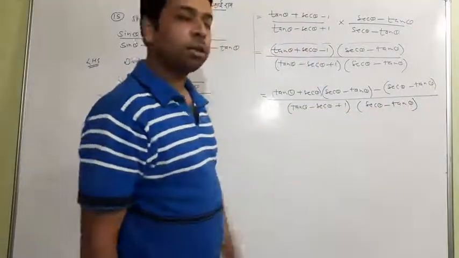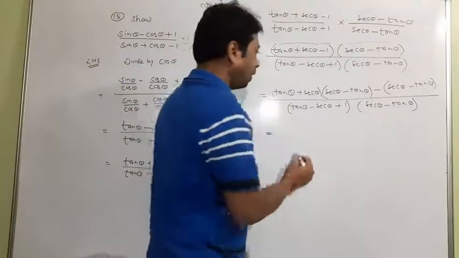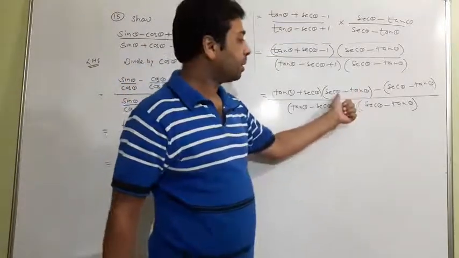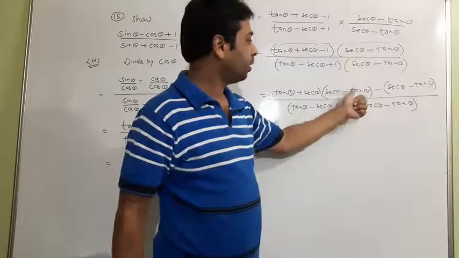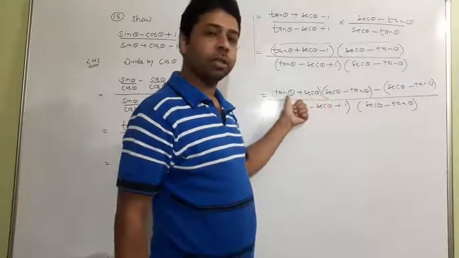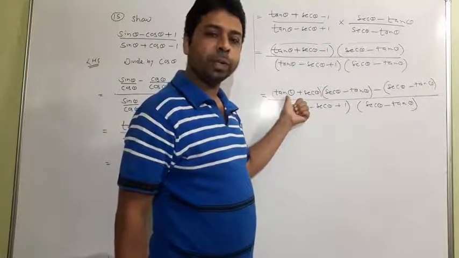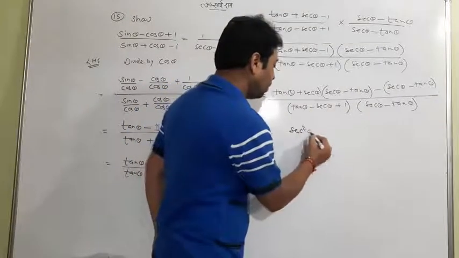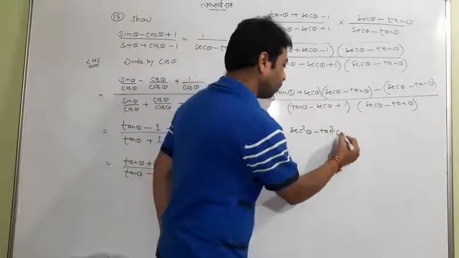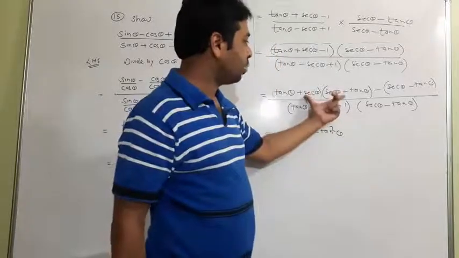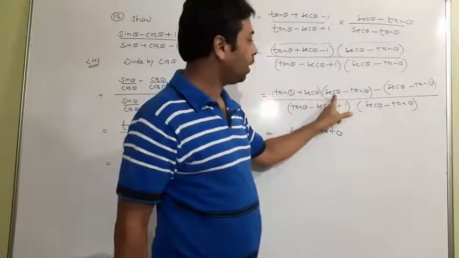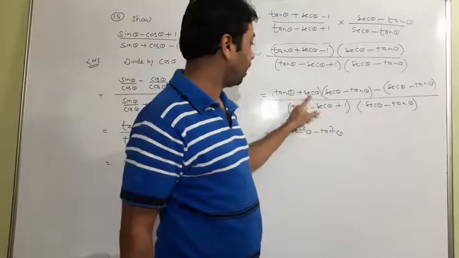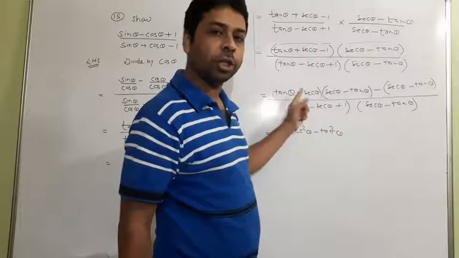What interesting term is coming up here? Look at it, I tell you. Read sec theta minus tan theta into sec theta plus tan theta: a plus b, a minus b. It's a square minus b square, meaning sec square theta minus tan square theta. I am multiplying these two terms just by using the law a minus b into a plus b, because it's a plus, you can change it.